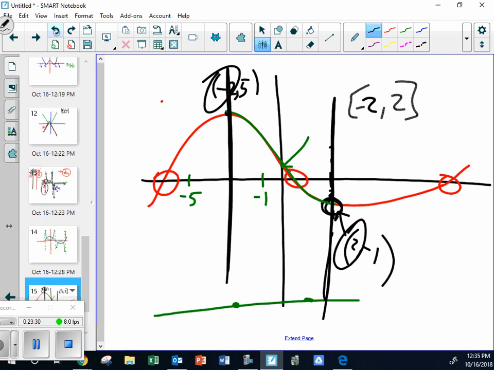And does this function, again, assume for a moment it ends right here and it ends right here. Does this function have a maximum? What is it? -2,5 is kind of right, but that's not the actual maximum. It's the place where the maximum happened. What is the max of this function?